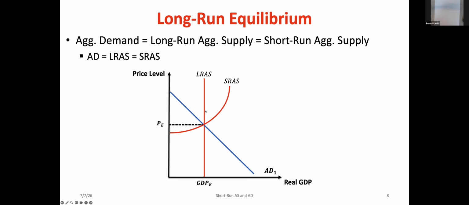Our short run aggregate supply is the same as our long run aggregate supply, producing the same level of potential or maximum GDP, and it's equal to our aggregate demand. Everything being produced in the short and long run is the same, and everyone who is demanding products is buying all of what is being created, all of output. So this is our long run equilibrium, which includes not only our long run aggregate supply, but our short run aggregate supply curve as well. Okay.